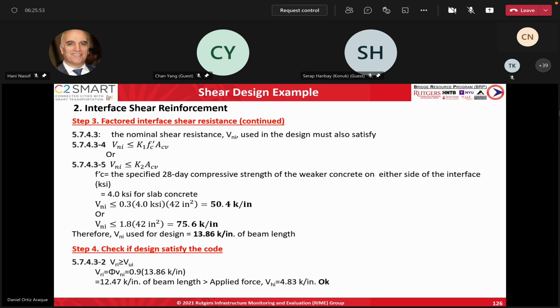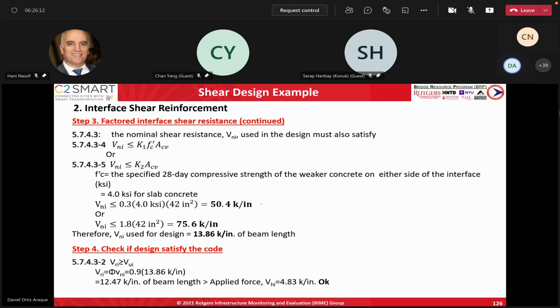So we continue. We calculated before the nominal resistance. Now we need to satisfy another 2 conditions, where the factors K were determined before, that is for the normal weight concrete.